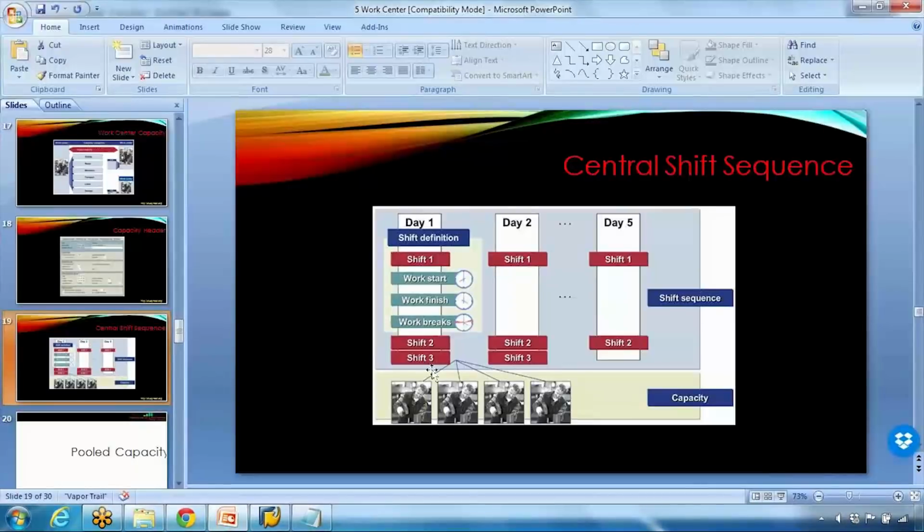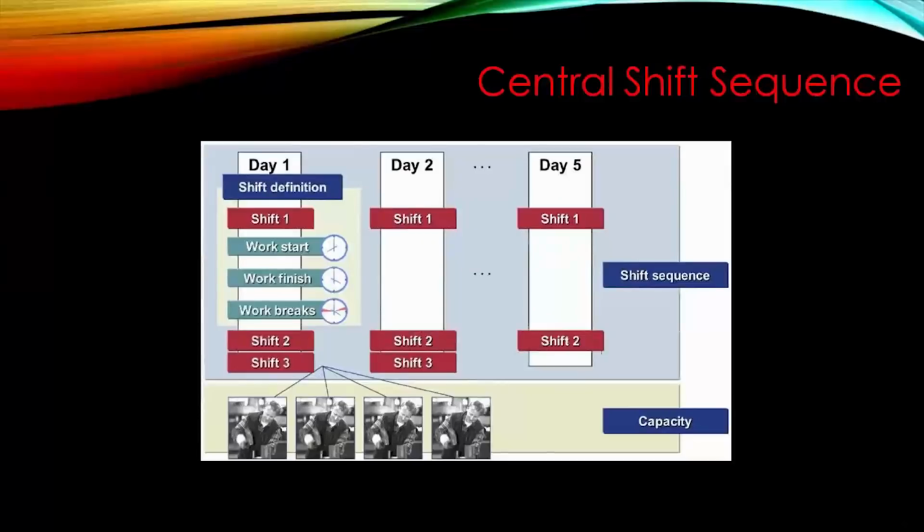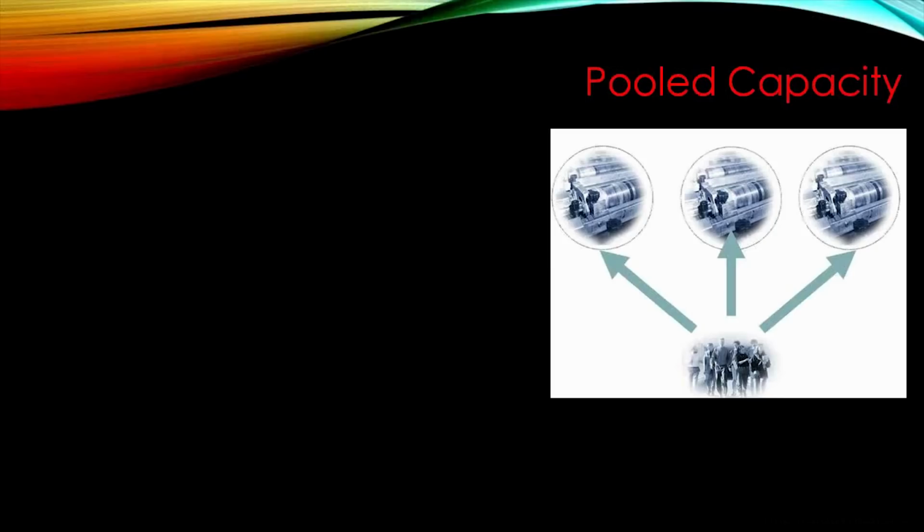There's some other functionality that I will talk about here again for the work center. Basically, pooled capacity. What is pooled capacity? Pooled capacity means that, for example, in a factory scenario, you have say 5 automatic machines, and each machine requires one operator to run.